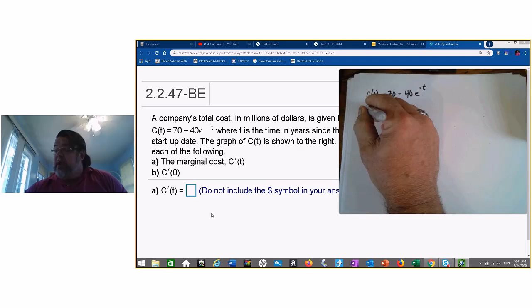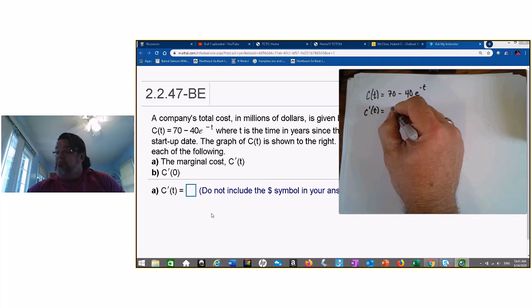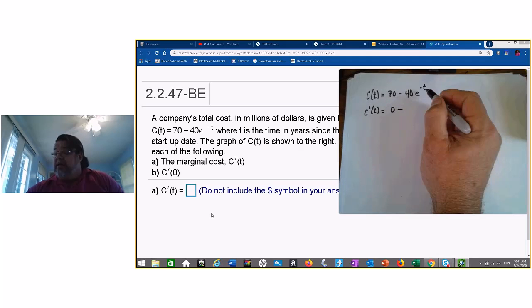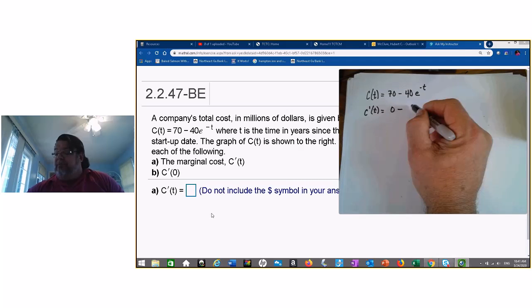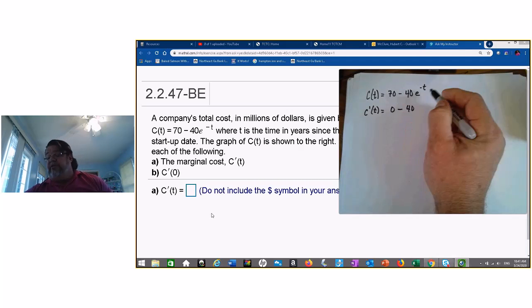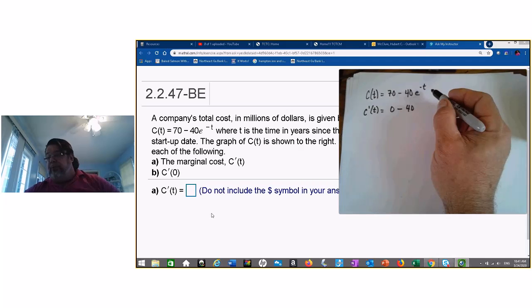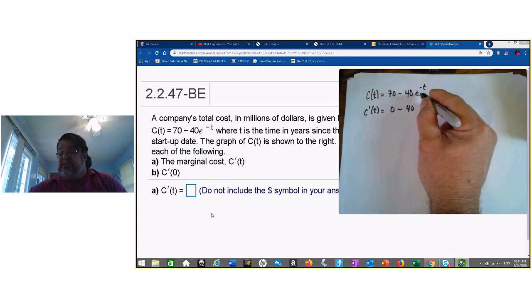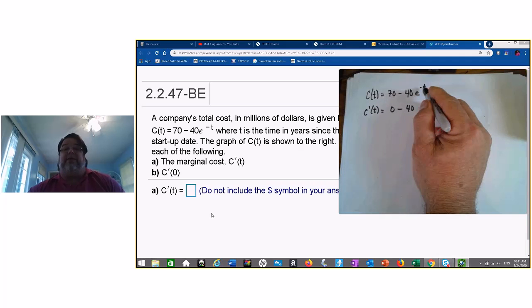C prime of t is equal to 0 minus, okay, now I've got to take 40 e to the t, that 40 comes out. Now what's the derivative of e to the negative t? Well, remember the chain rule. E to the t is e to the t, but that's not e to the t, that's e to the negative t. So that means you got a negative 1 up there.